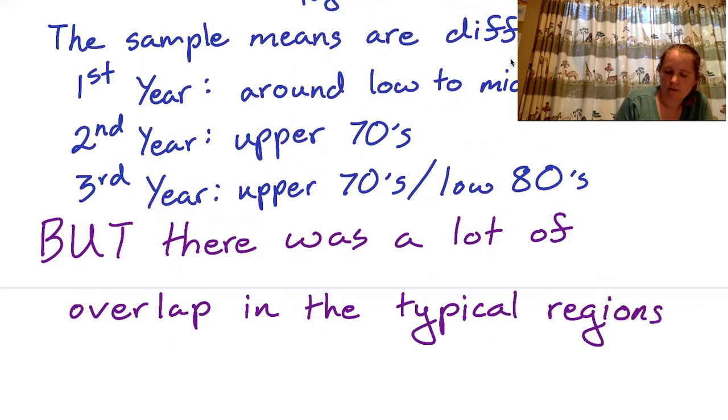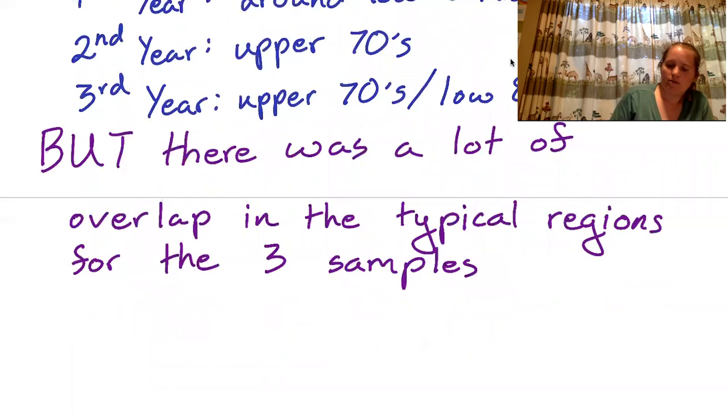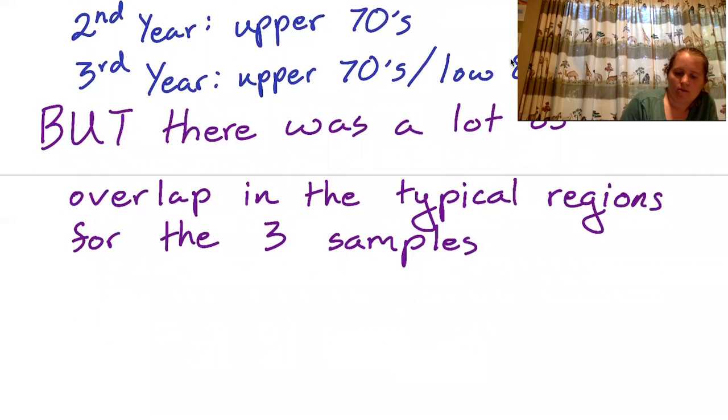For the 3 samples, essentially, who's to say if we took another sample, or if we took 3 more samples, that they wouldn't change position, right?